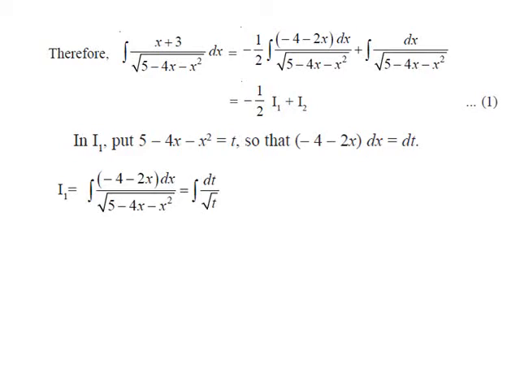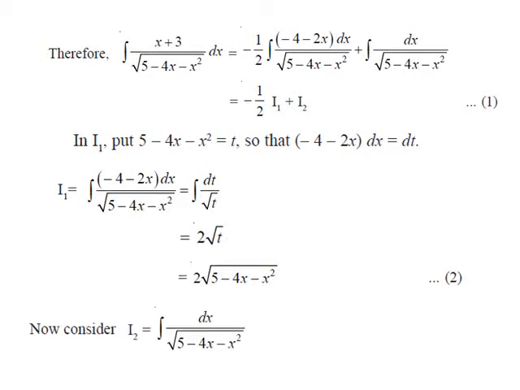Integral of 1 by square root of t is equals to 2 multiply square root of t. In place of t, substitute 5 minus 4x minus x square. We get I1 equals to 2 multiply square root of 5 minus 4x minus x square, marked at number 2.